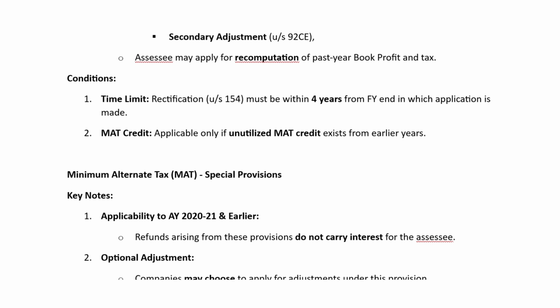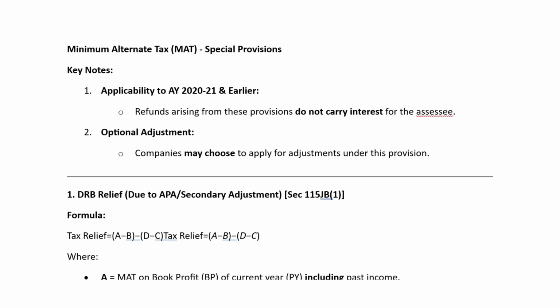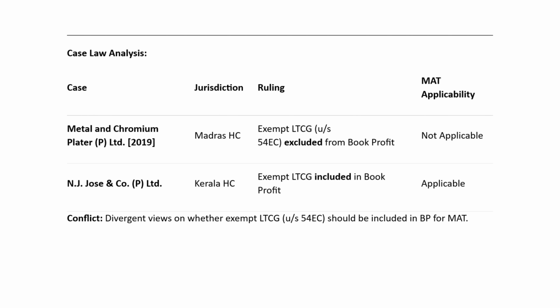MAT credit is applicable only if unutilized MAT credit exists from an earlier year. The above provisions are applicable only to AY 2021 and earlier. Refunds arising from these provisions do not carry interest for the assessee. This is an optional adjustment. Company may choose to apply for adjustment under this provision. So this is all for MAT credit.